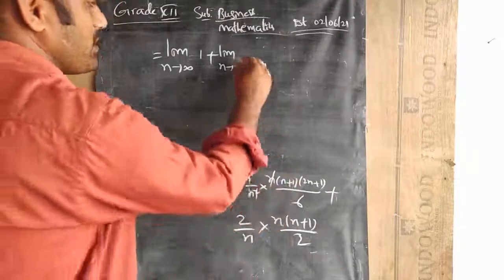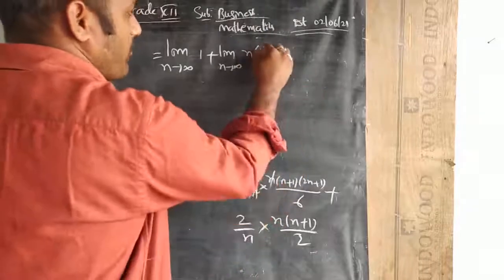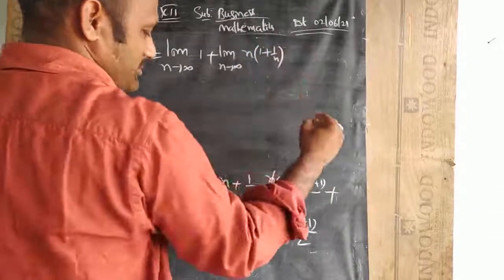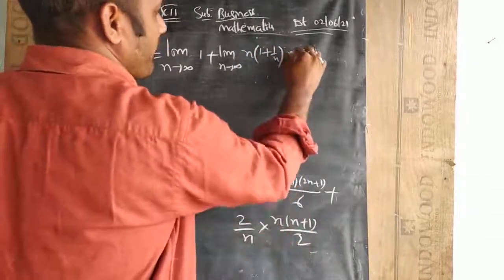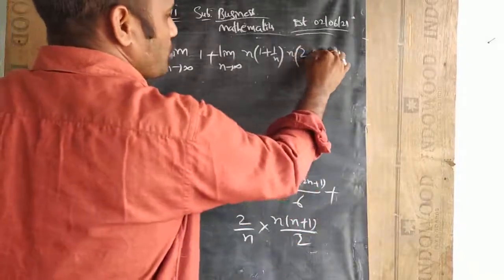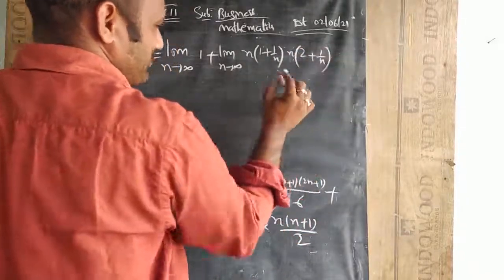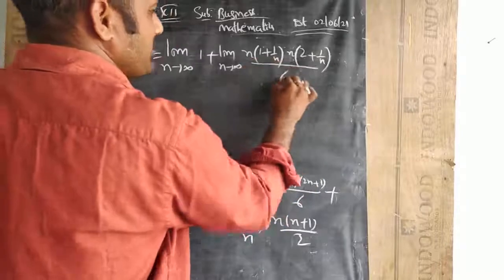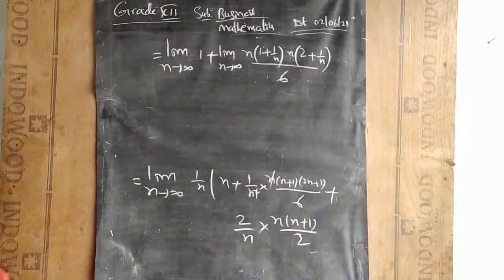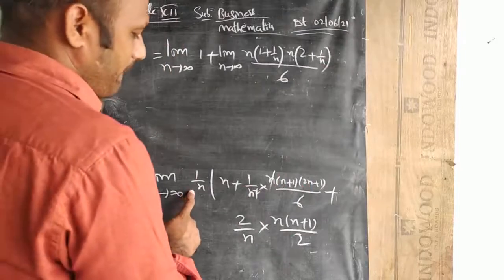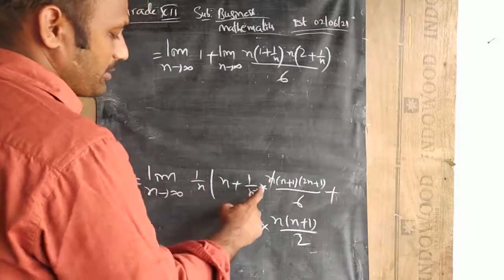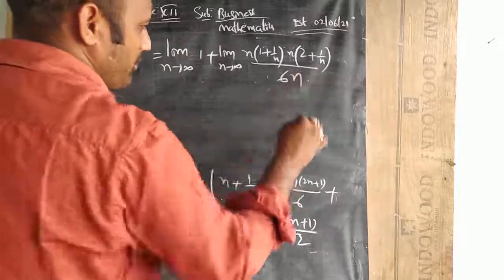We can take n common in this, that is n(1 plus 1 by n). Here also we can take n common, it will become (2 plus 1 by n) by 6. So already n is there, so here n cube. Another n will come here.